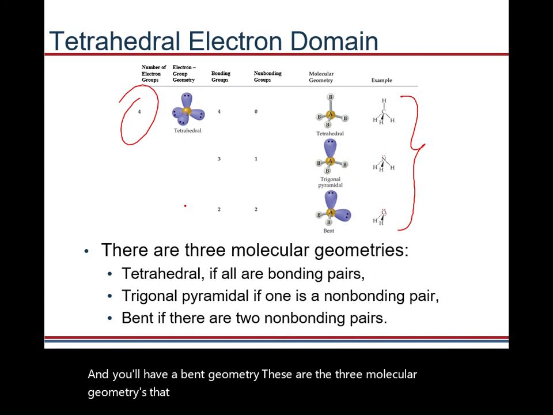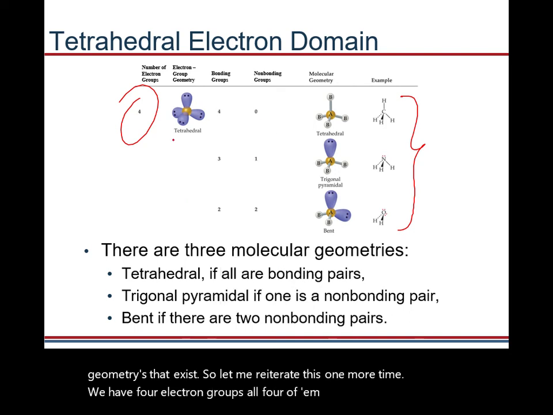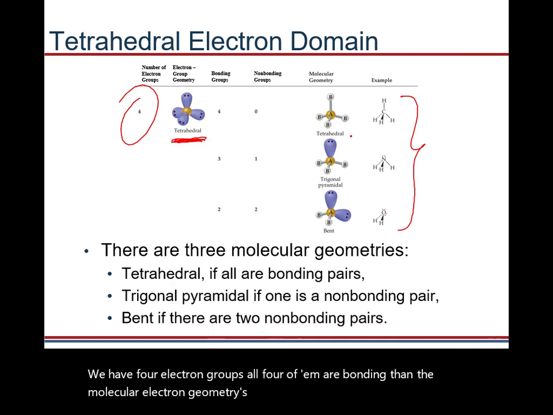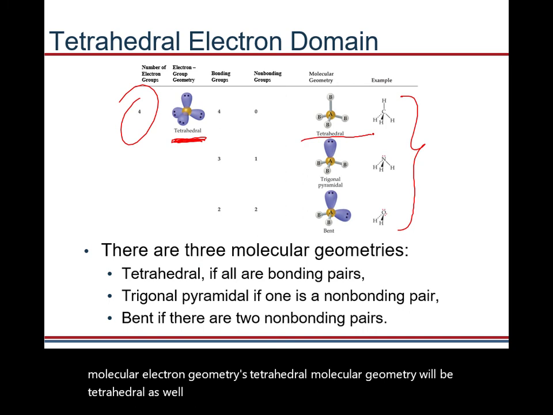So let me reiterate this one more time. We have 4 electron groups, all 4 of them are bonding. Then the electron geometry is tetrahedral, molecular geometry will be tetrahedral as well. An example of this will be methane, CH4. No lone pairs, all bonds.